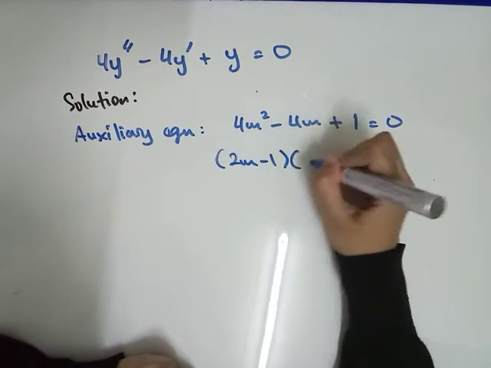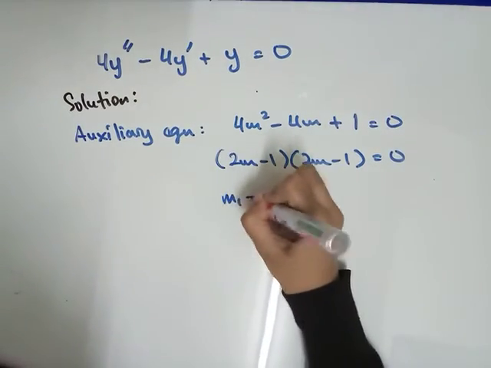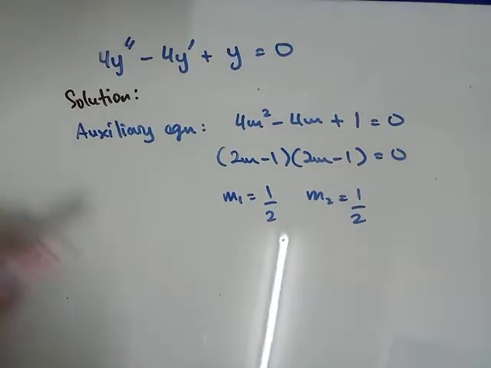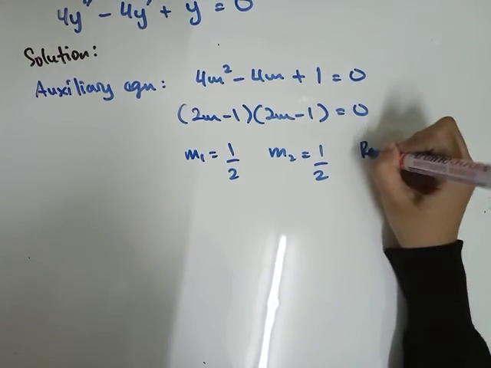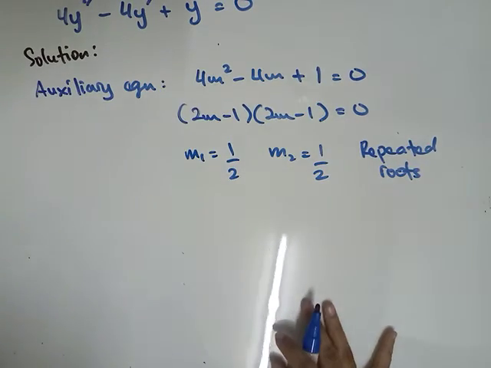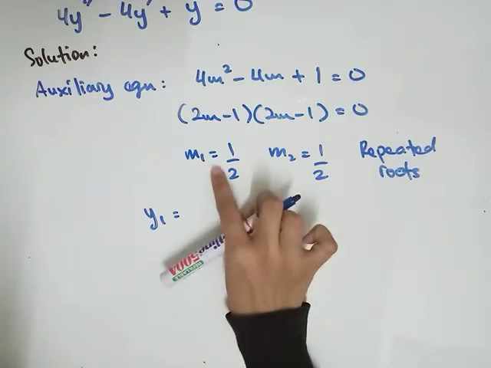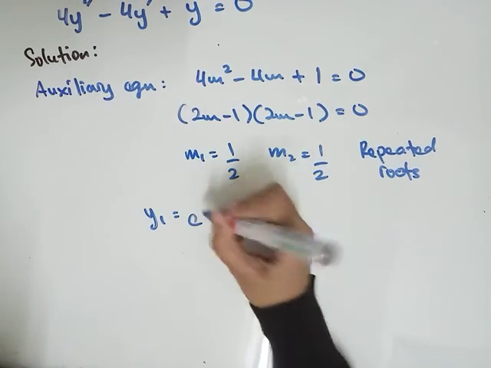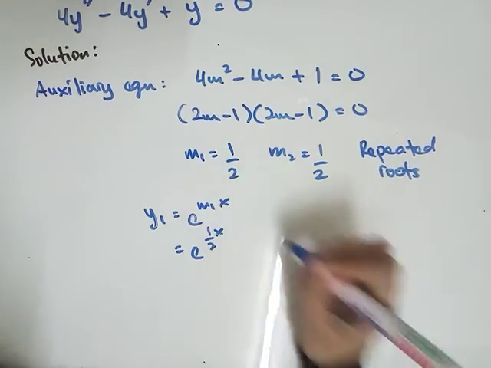2m minus 1. You will get m1 is 1 over 2, m2 also 1 over 2. So we call this repeated roots, the values of m are the same. Then substitute m1 into y1, using the theorem exponent m1x, so m1 is 1 over 2x.